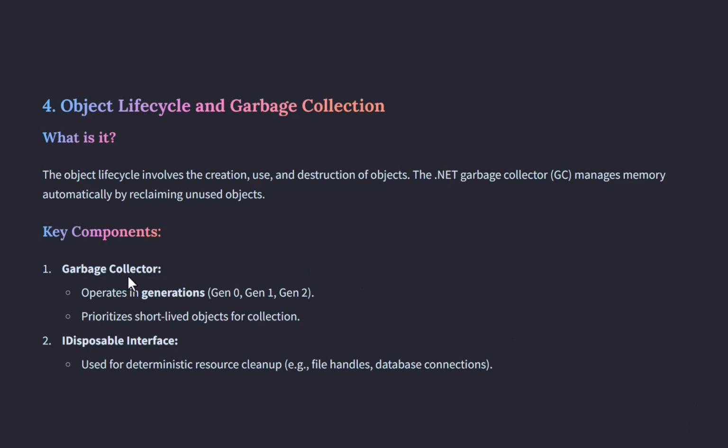But let me here as well define what exactly garbage collection is. It's a feature built into the .NET runtime, which is responsible for automatically reclaiming memory occupied by unused objects. That simplifies memory management by freeing developers from manually deallocating memory.